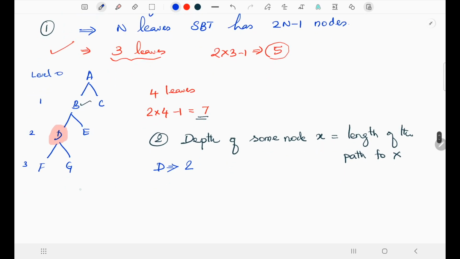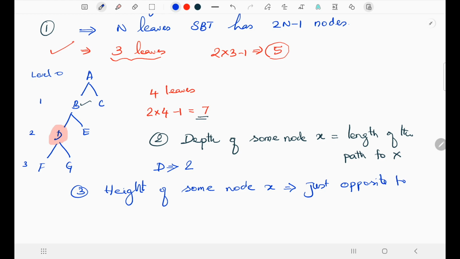Similarly, we can say the third property, height of some node x, is just opposite to depth. It is the depth from x to the leaf.